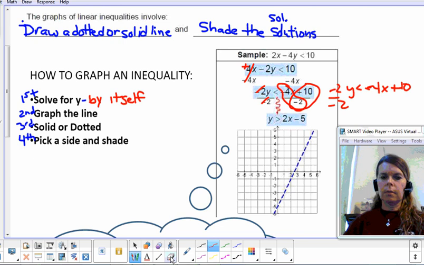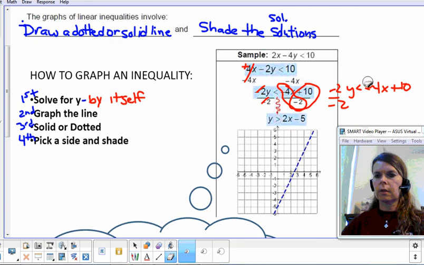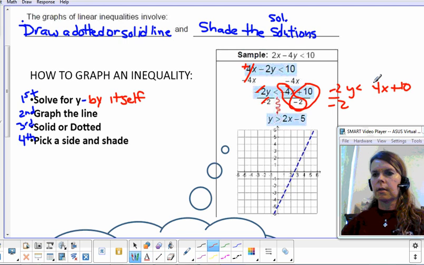And let me clear this up for you, in case you got behind. Is it negative? Yes, it's negative. So divide this by negative 2 and divide this by negative 2. Some of you, it's just easier to understand that way. And then this became 2. These cancel. And then 10 divided by negative 2 is negative 5 right here.